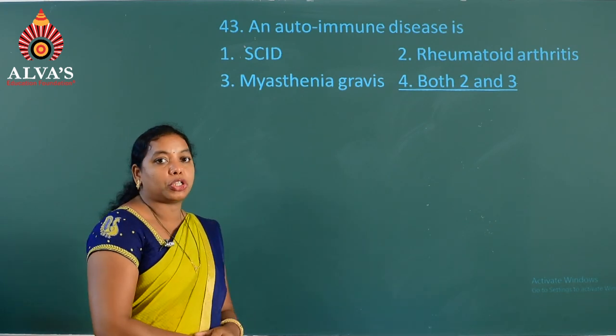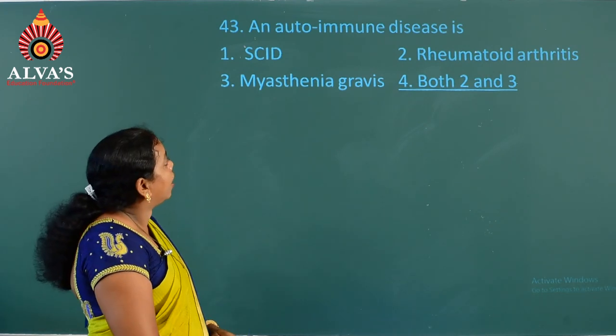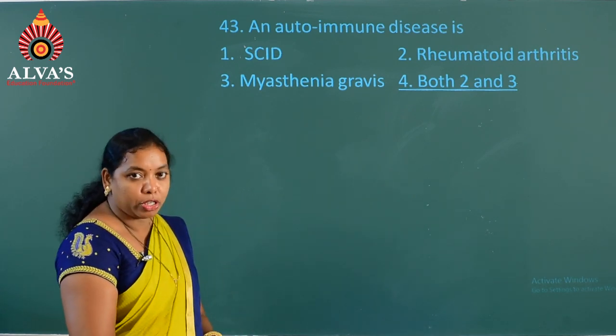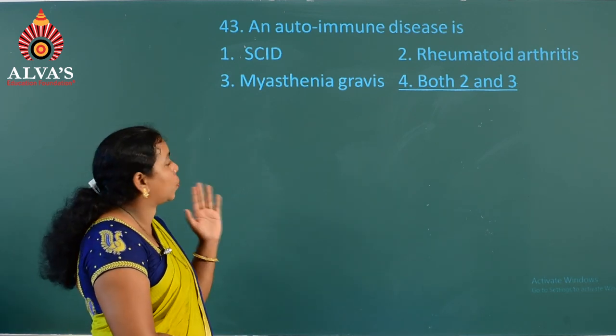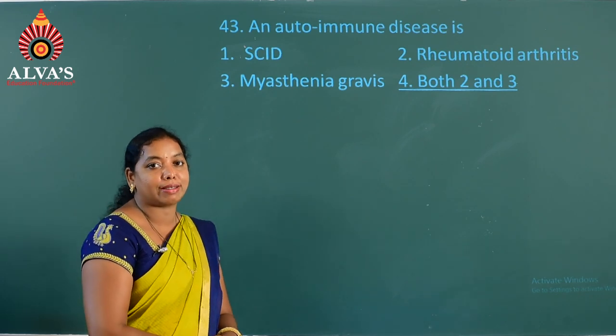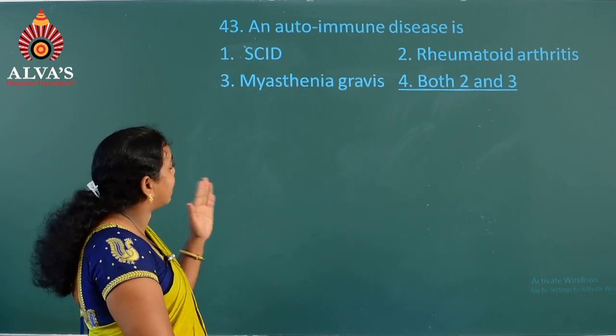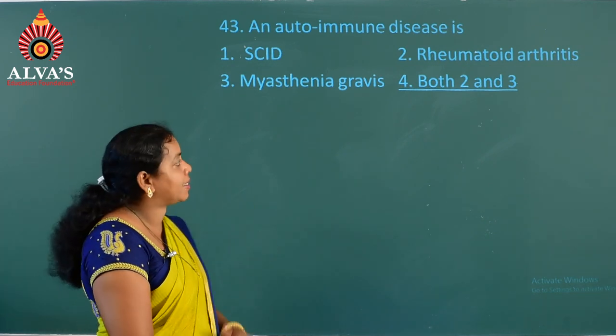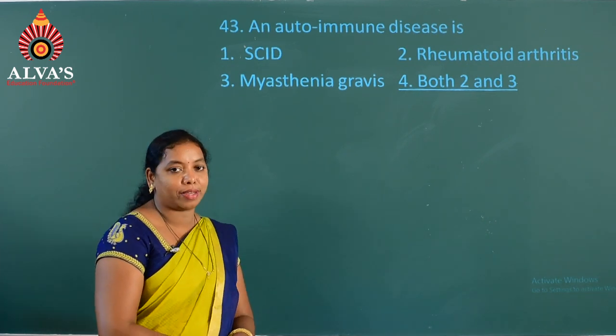Let's discuss the next question, that is 43. An autoimmune disease is... Regarding autoimmune disease, we have already discussed. Here they have given the names of some diseases: the first one is SCID, the second rheumatoid arthritis, the third myasthenia gravis, and the fourth both 2 and 3.